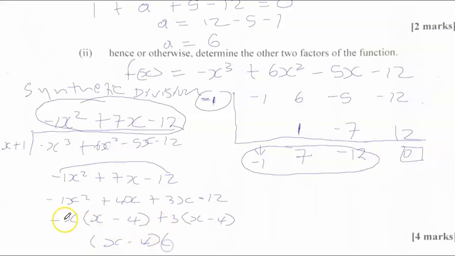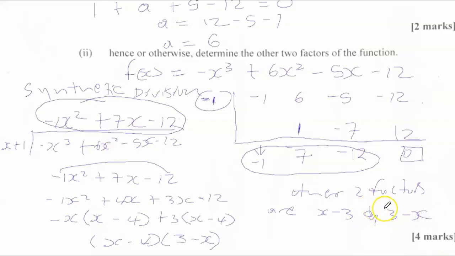And in the other bracket, we have negative x plus 3, or 3 minus x. So these are our other two factors, alright? So other two factors are x minus 4 and 3 minus x, which can also be written as minus x plus 3.